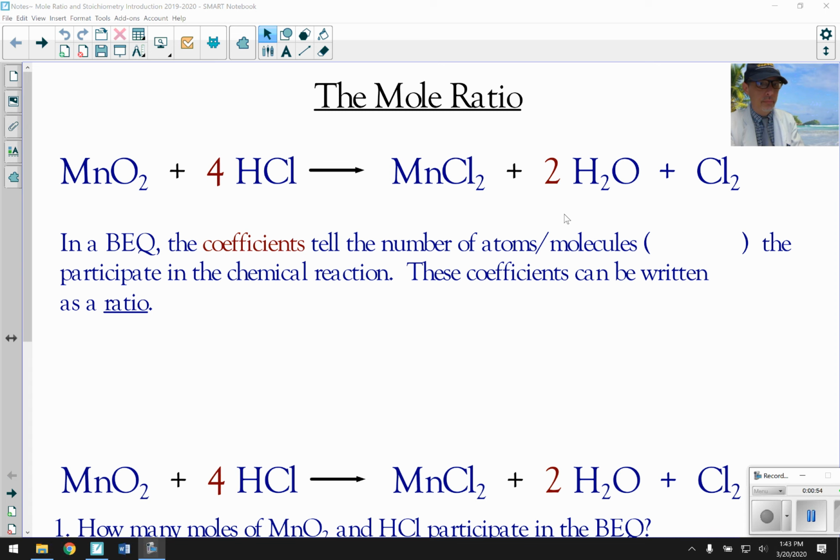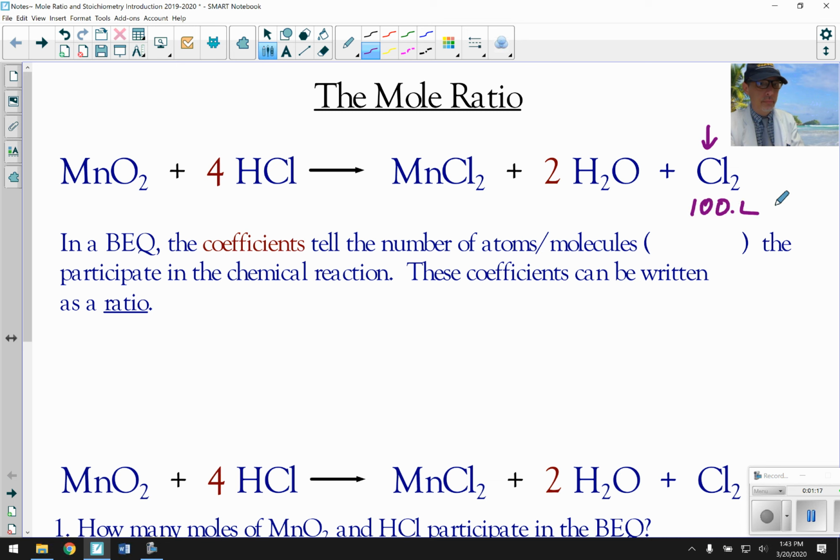And the type of question we're going to be able to answer at the end of this unit is this. Let's say that you owned a company and your company made chlorine gas for sale. This is your business. And you had an order for 100 liters of chlorine gas.